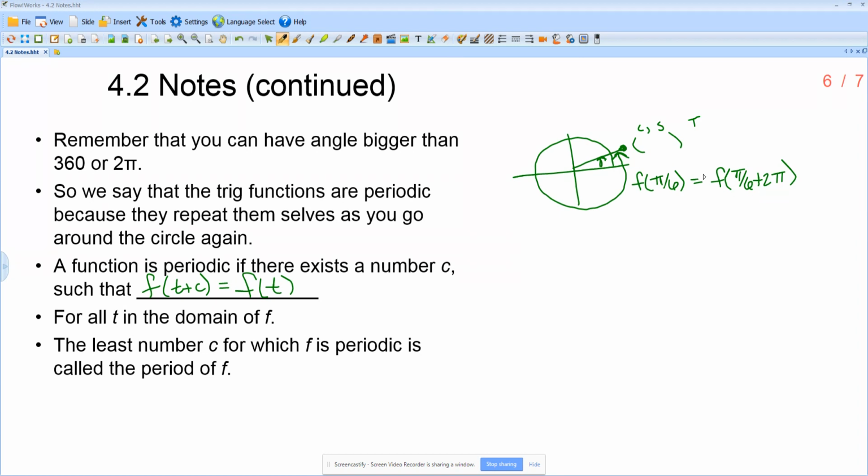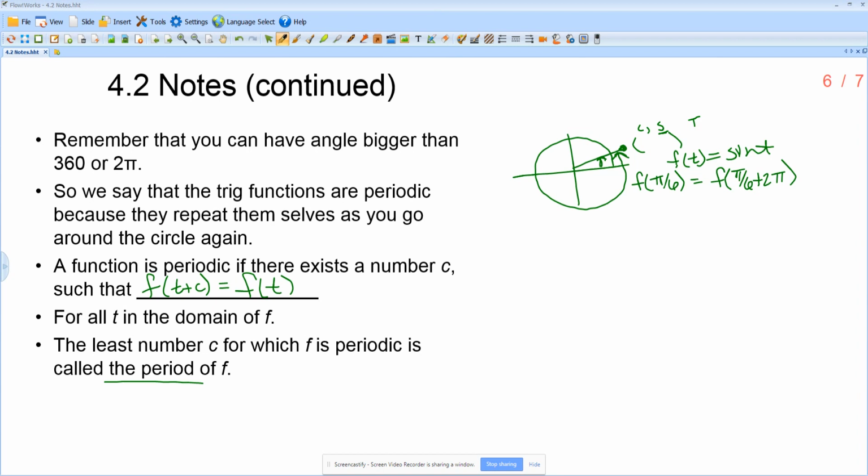And if I was asking for like the sine, the sine would be the same at either one of these coordinates, meaning it's periodic. That has to be for all t in the domain of f. So no domain restrictions. The least number c for which f is periodic is called the period of f.